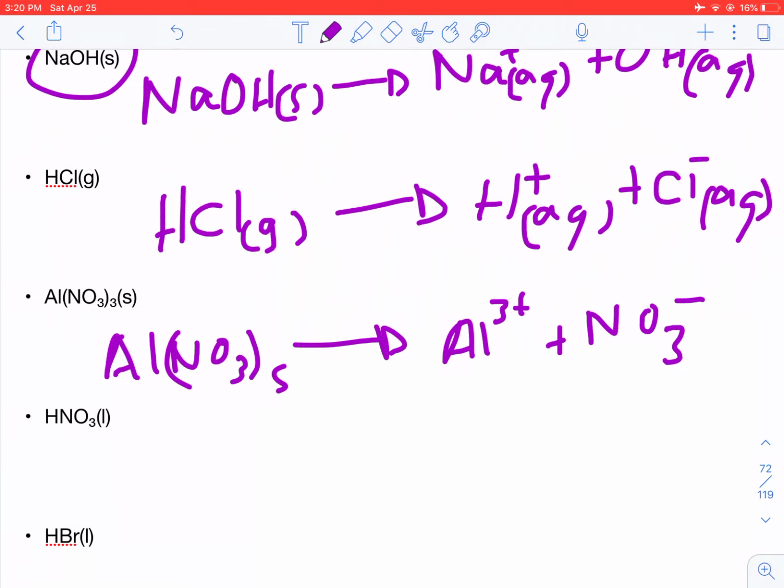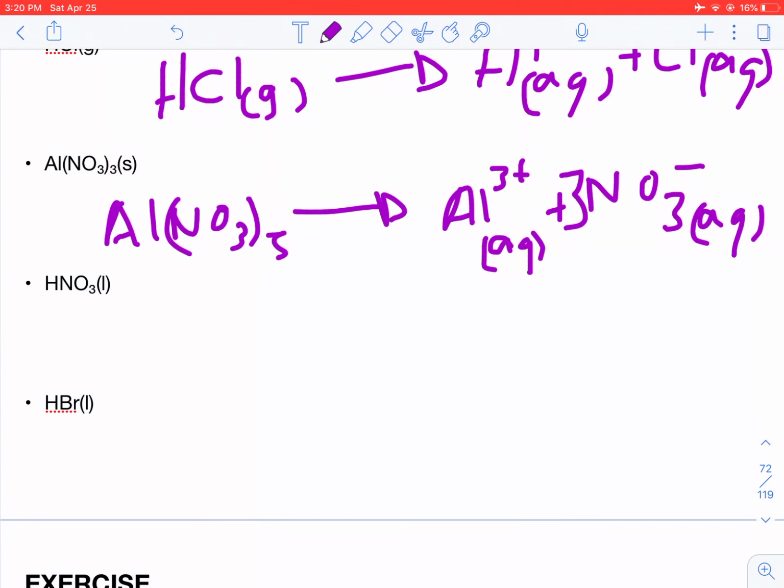So as you can see, in here you'll notice that the charges are unbalanced, so we need to add a 3 there. So here I got 3 negatives and 3 positives, so the charges are balanced, right? And I say aqueous, and I say aqueous.